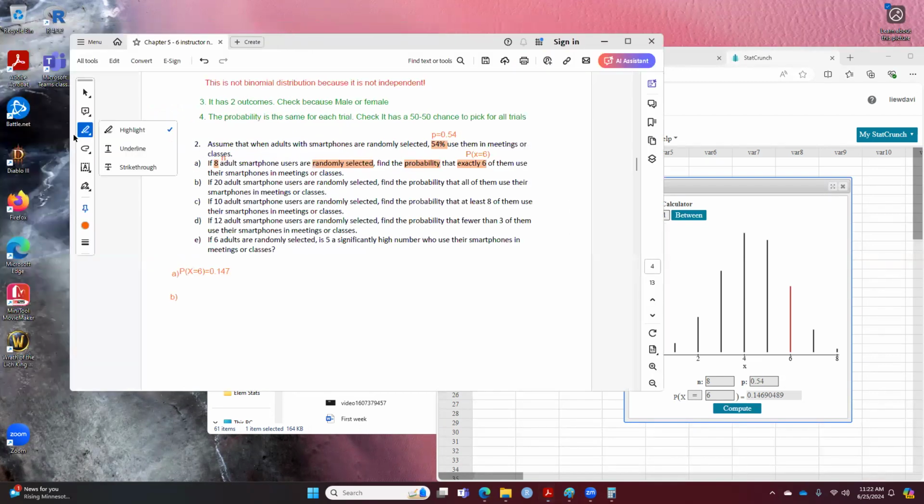All right, let's read question B again. So this time we got 20 adults using smartphones that are randomly selected. What's the probability that all of them use their smartphones? So we know that this 20 is your n, right? Because of the word random.